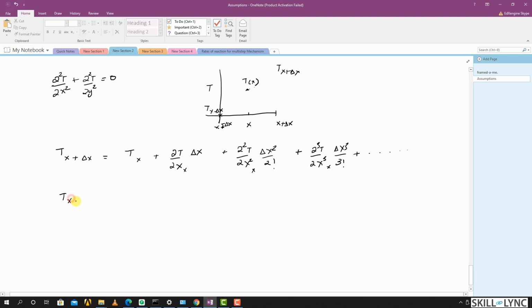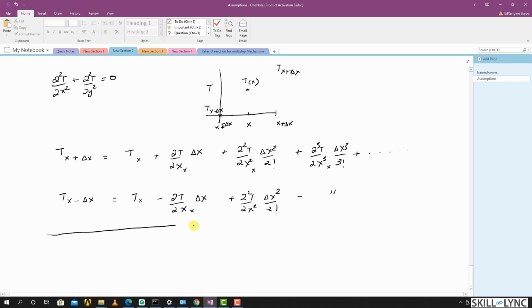Similarly, T at x minus delta x is going to be T at x, and the alternating terms are going to be negative, plus d square T by dx square times delta x square by 2 factorial, and then minus, we essentially have the same term.